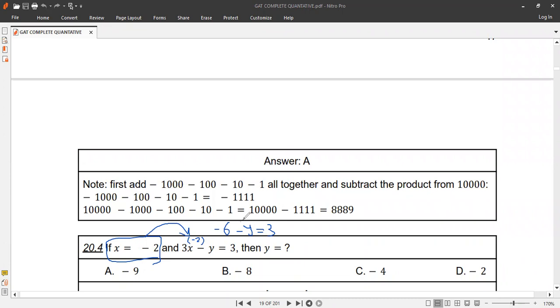Now I take Y to the other side and bring 3 to this side. So Y will become positive. And on the first side, we have -6 and -3, which is -9. So directly I write Y equals -9.